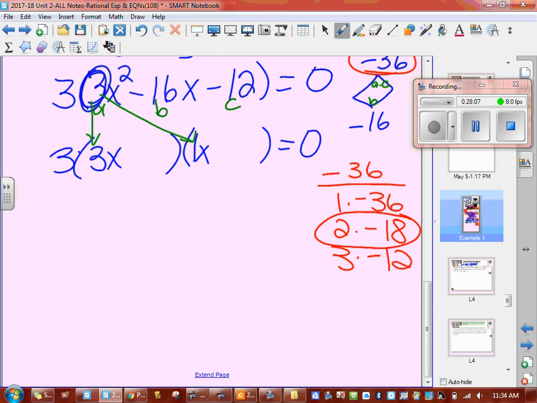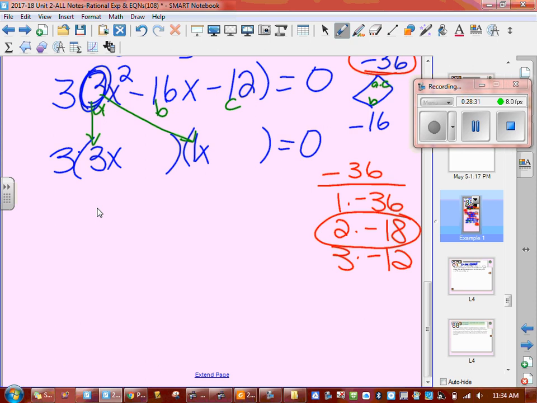Now, how do we know that the big numbers have to be negative? The bottom number here, the B value, whatever sign it is, it tells the big number to be its sign. If it was positive, the big number would be positive, and the little numbers would be negative. So this B value bosses them around. The signs of the big number are going to match the B value.